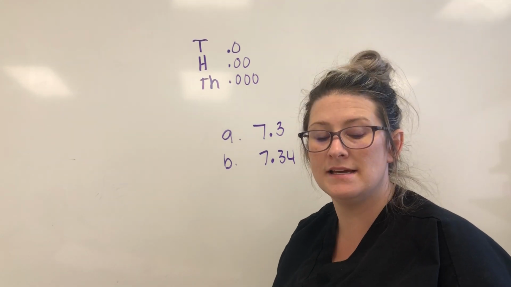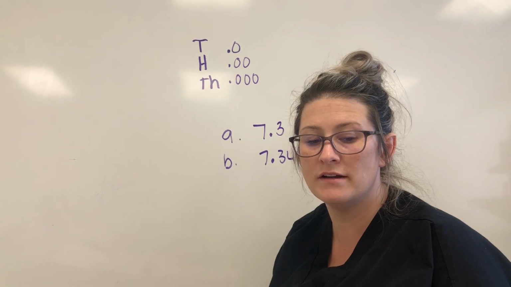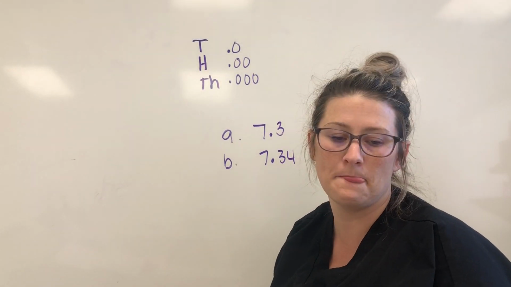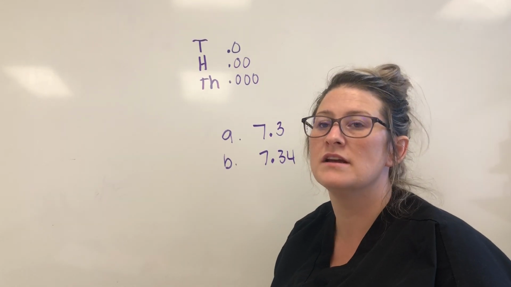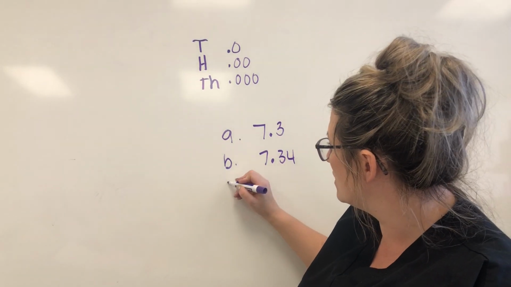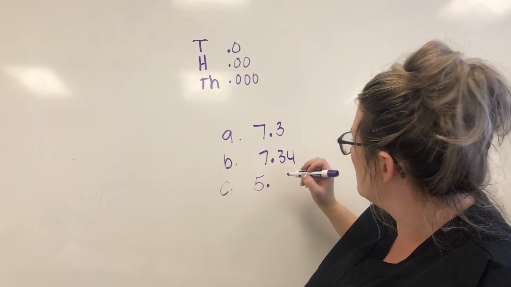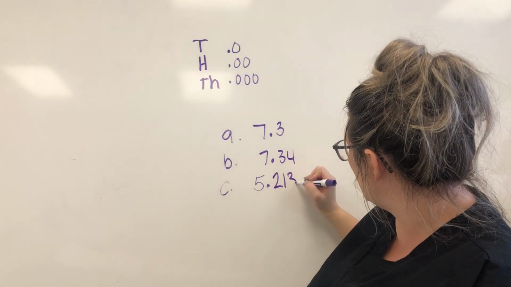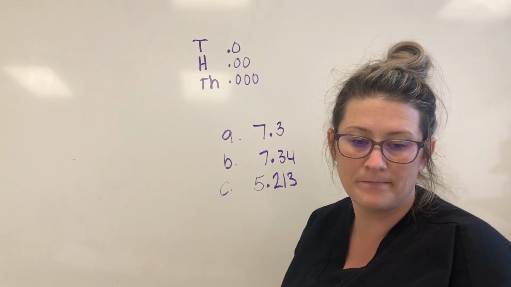Go ahead to C. Your number for C is 5 and 213/1000. Remember, when I say that word and, there's a decimal there. So for C, 5 and 213/1000. I have 3 after my decimal for thousandths.